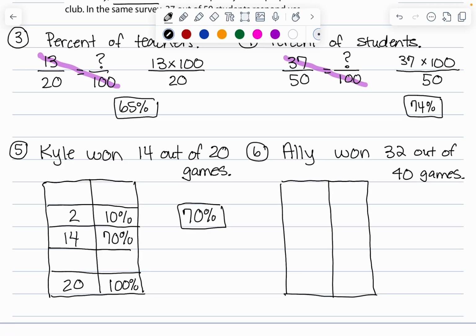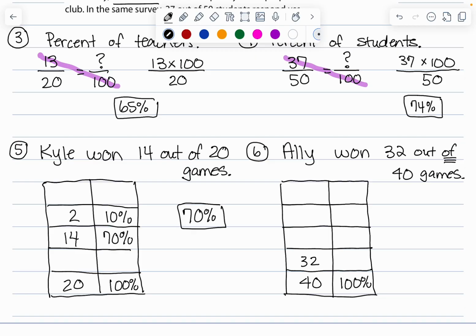I like to put my whole always at the bottom, percents always on the right, and the actual quantity on the left. So 100% is her total number of games. I don't know if y'all remember this, but whatever follows that word of is almost always our whole. So 40 games is our whole. We need to find the value of 32.